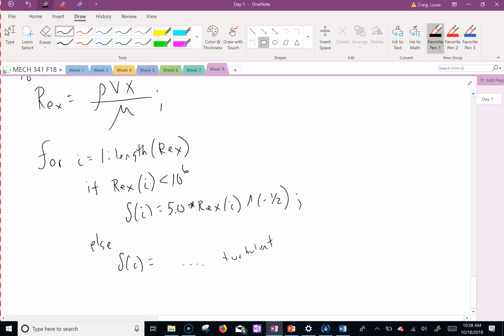Or you can divide, it's up to you. Make sure you put the multiplication asterisk in there, because MATLAB throws a fit if you don't.